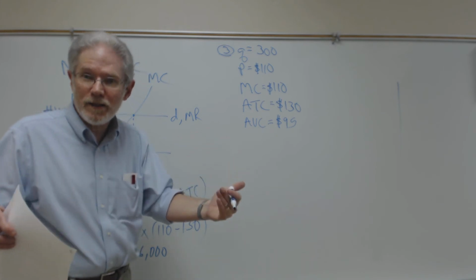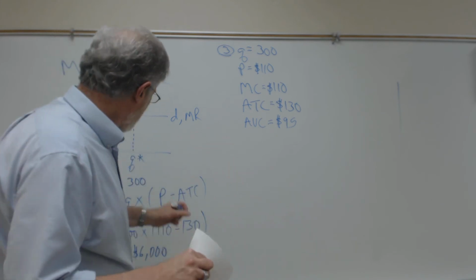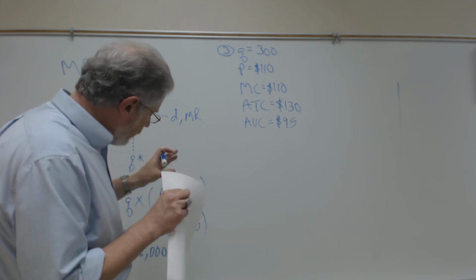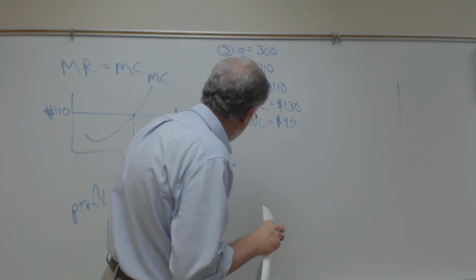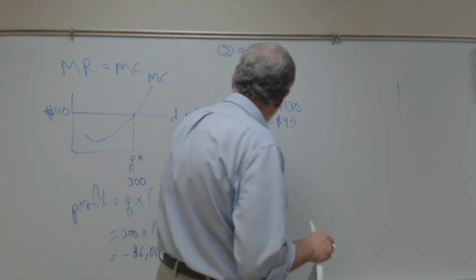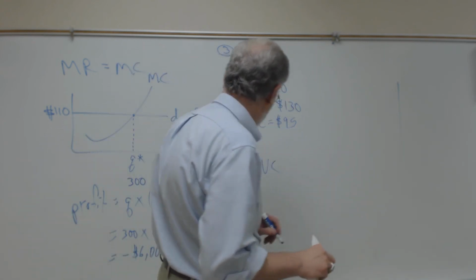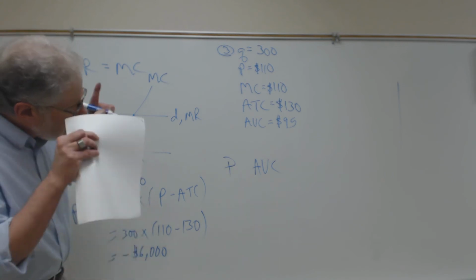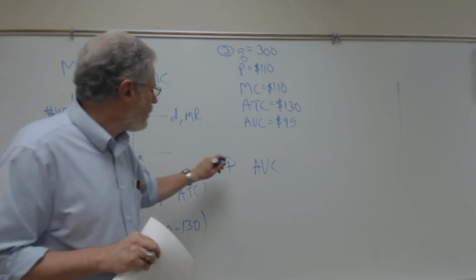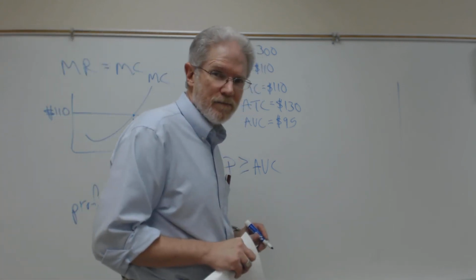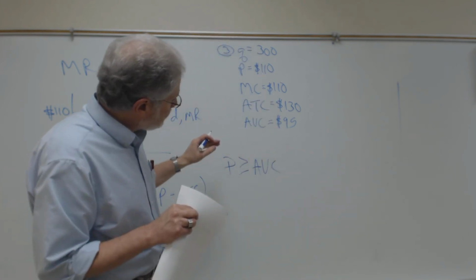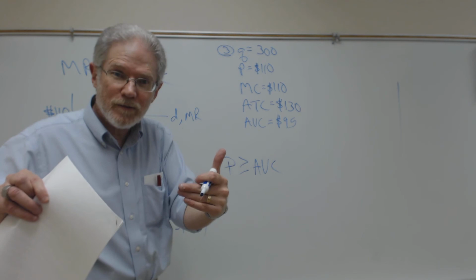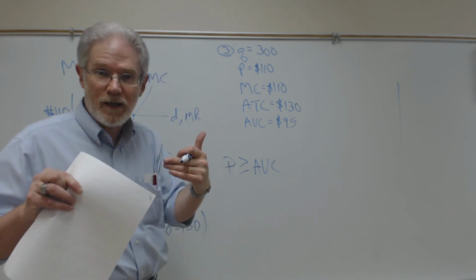How does he make that judgment? Well, remember we said to decide whether to produce at a loss or shut down temporarily, he looks at price and average variable cost. He says, if I can at least cover my variable cost, then even though I'm going to lose money by producing, I'll be better off to produce than if I don't produce anything.